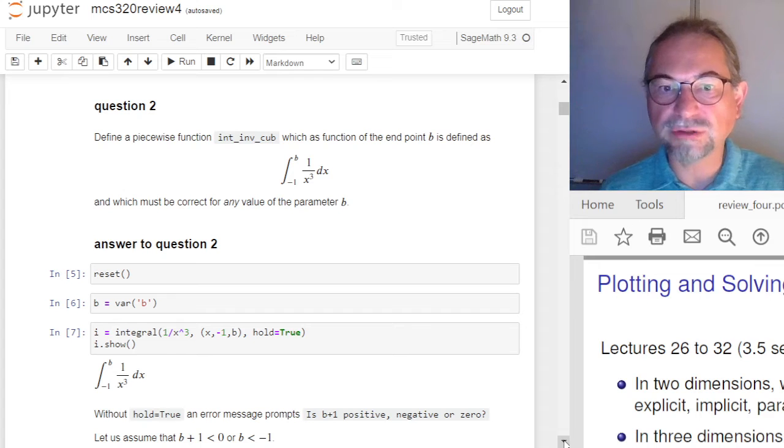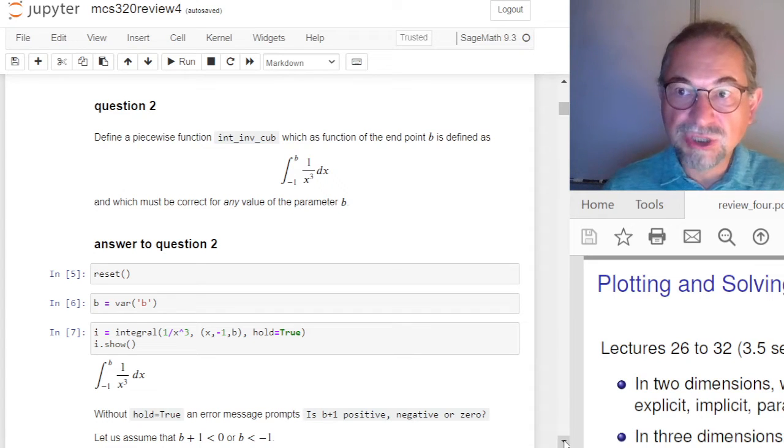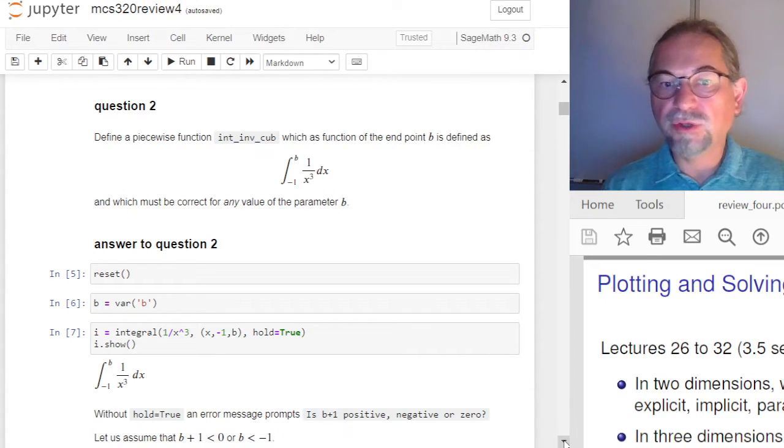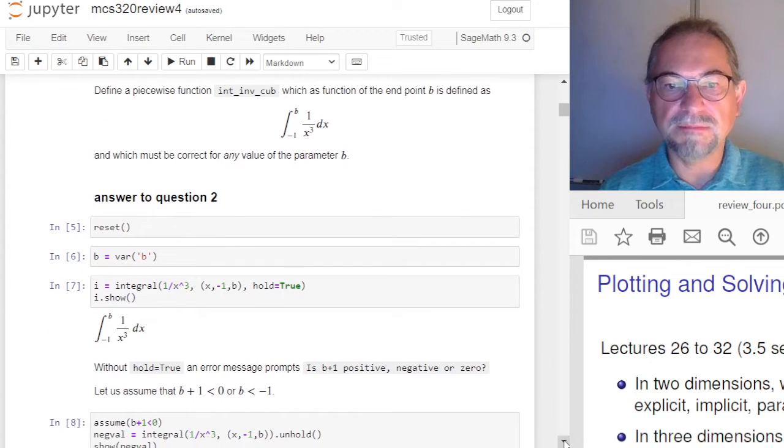If that is not the case for all b smaller than -1, your integral, we say it's just 0, because your interval is either a point if it's -1 and the point has no area, or it is not well defined. So we actually have to make that assumption.